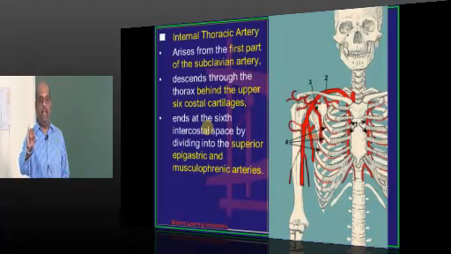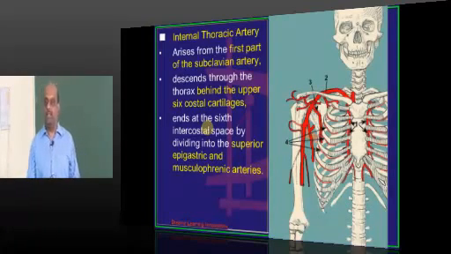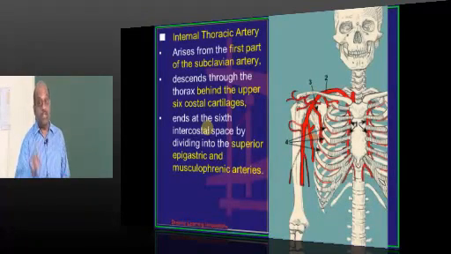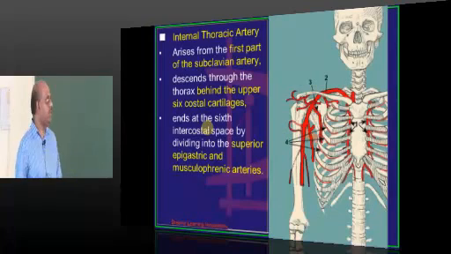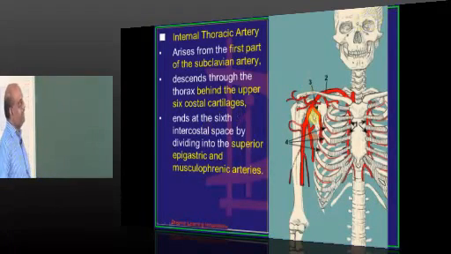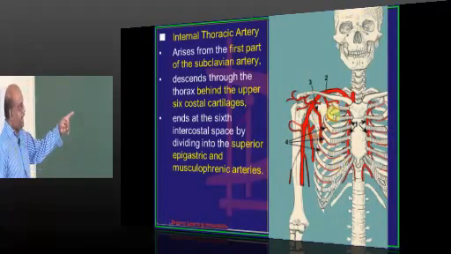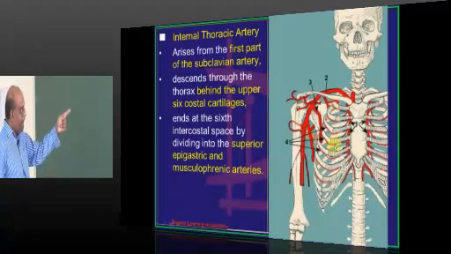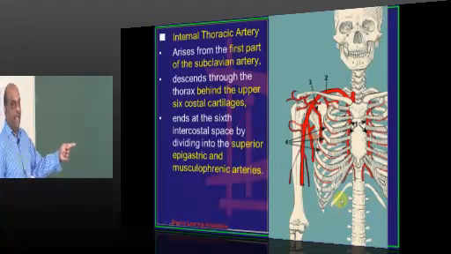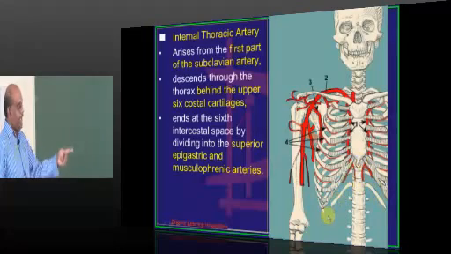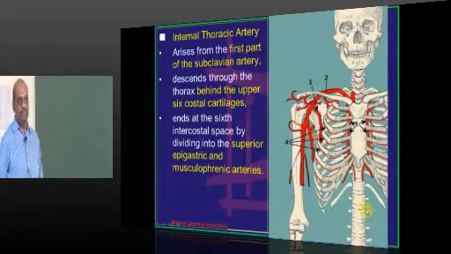Then after the thyrocervical is over and the vertebral is over, the internal thoracic artery is the third branch, coming once more from the first part of the subclavian, and will be descending down behind the upper six costal cartilages, and ultimately it will be breaking into the epigastric and musculophrenic.